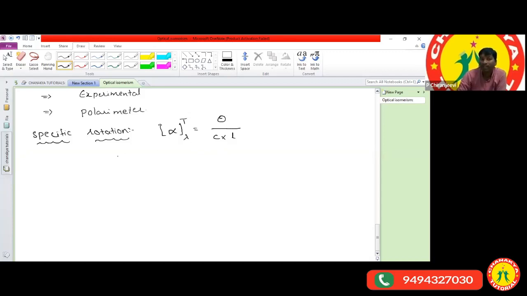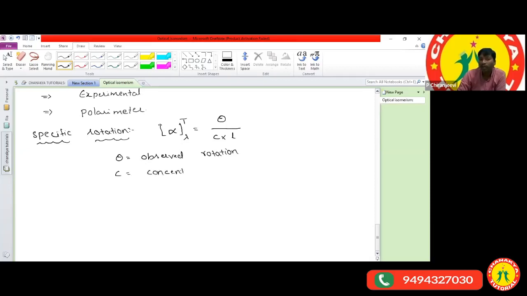In this, theta is nothing but the observed rotation. C is nothing but the concentration of the solution.